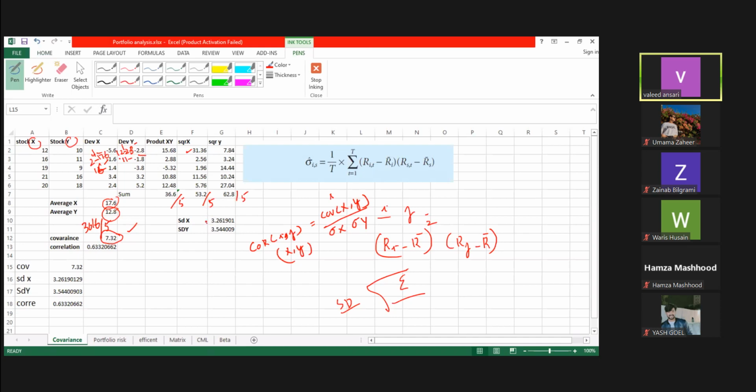When you take the square root, it will be 3.26 and so on. So if you put here this 7.32 and this product of standard deviations, 3.26 into 3, divided by this, you will get a correlation coefficient of 0.6.